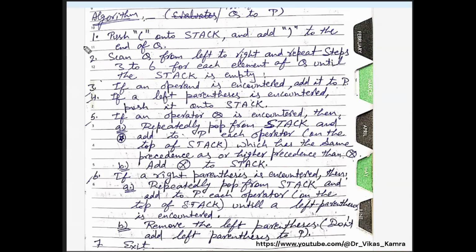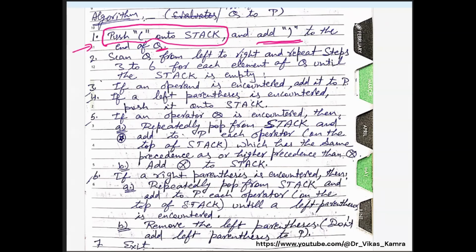The very first step of the algorithm is that you need to perform two tasks. Number one, push a left parenthesis or bracket into the stack. And number two, add a right parenthesis or right bracket at the end of expression Q, which is your infix expression.